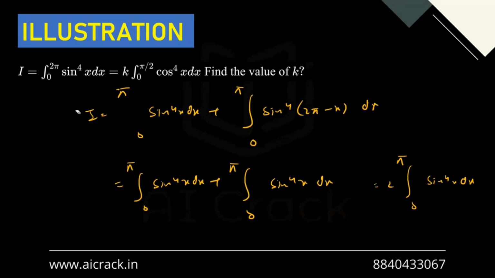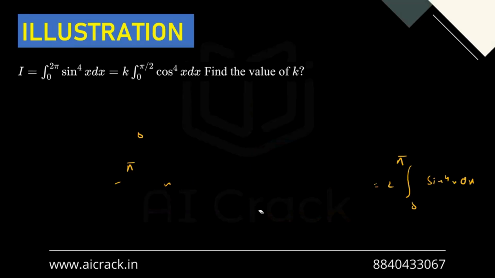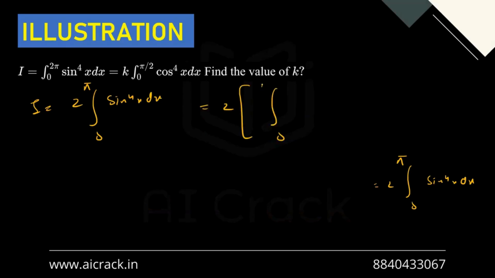Now what we have got is I equals to 2 times integral 0 to pi sine 4x dx. Again, we can use the same property. This becomes 2 times integral 0 to pi by 2, basically now this becomes 2a, so it becomes 0 to pi by 2 sine 4x dx plus integral 0 to pi by 2 sine 4 (pi minus x) dx.